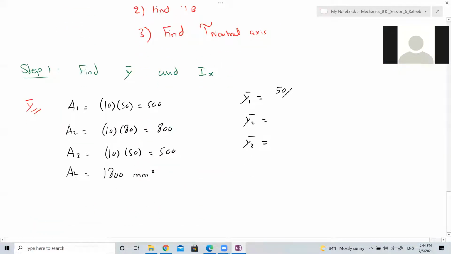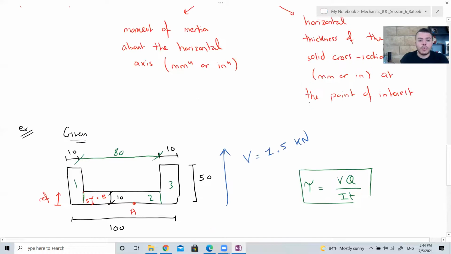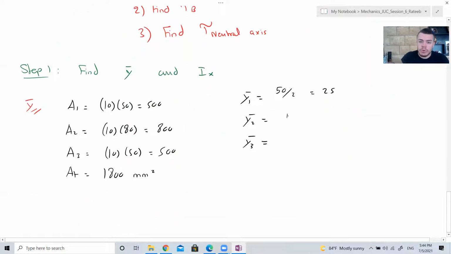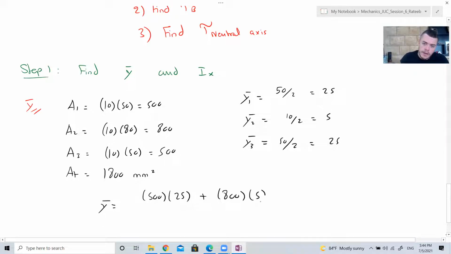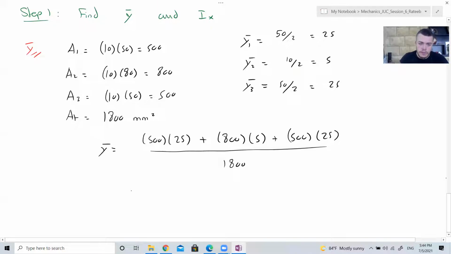It's 50 over 2, which is 25. Y2 bar is 10 over 2, which is 5. And this is 50 over 2, which is also 25. Okay. So Y bar is 500 times 25 plus 800 times 5 plus 500 times 25 divided by 1,800.